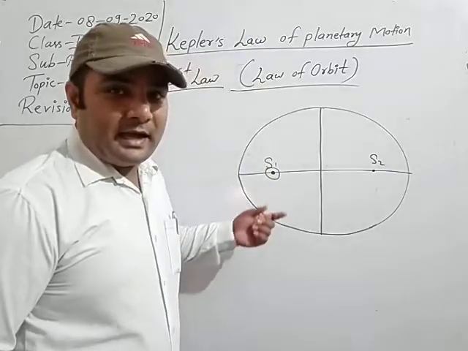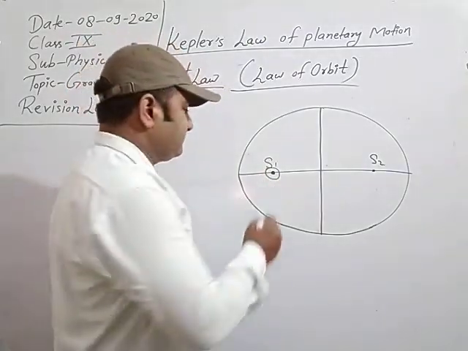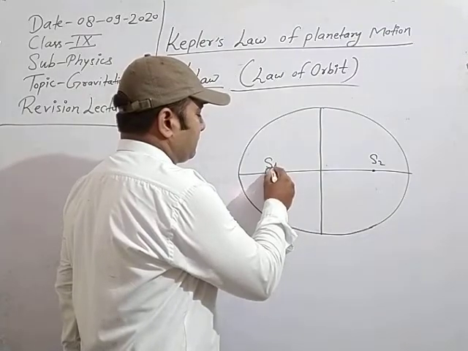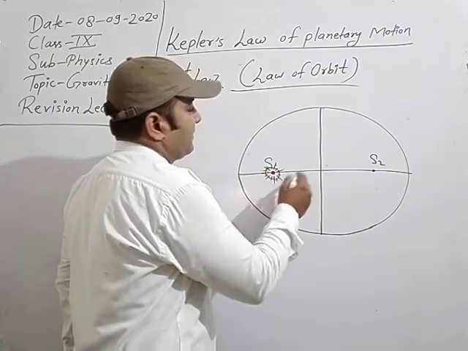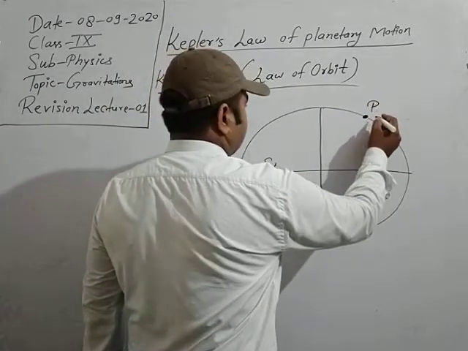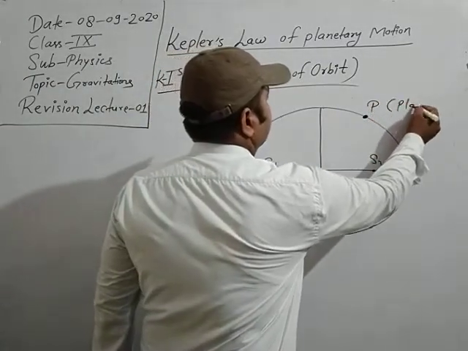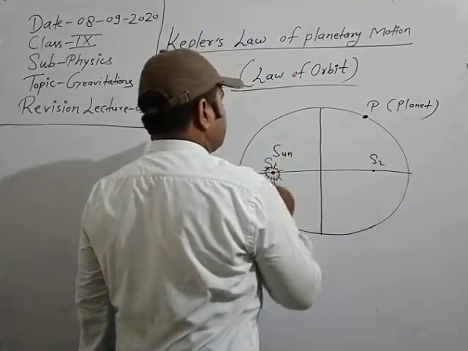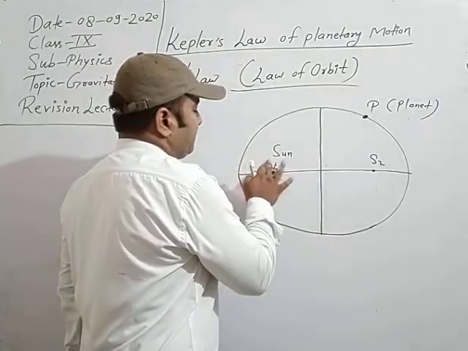So I am just taking the sun at this position, and the planet lies at this position. P is the planet and S is the sun. Clear?